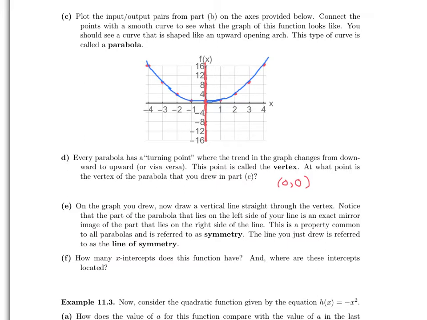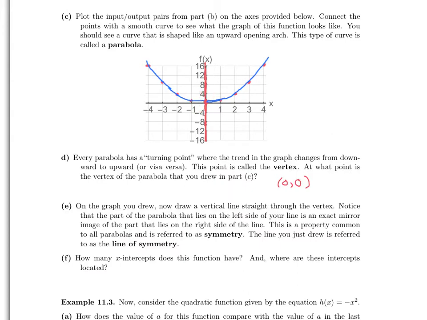Okay, now let's look at part F. How many x-intercepts does this function have, and where are these intercepts located? Well, if we look above at our graph, the x-intercepts are the locations where the graph intersects the x-axis. So here is the x-axis, and you can see that the graph intersects the x-axis at exactly one location. So that tells us there is exactly one x-intercept, and that x-intercept is located really at the vertex where the value of x is 0.